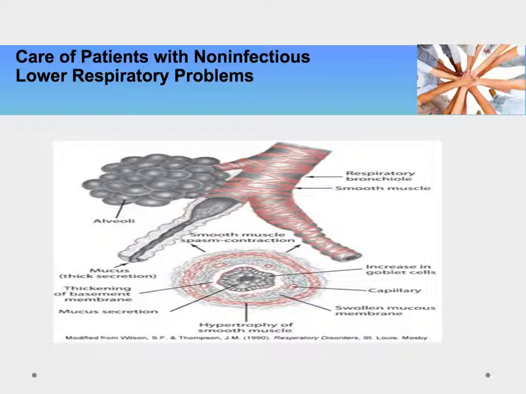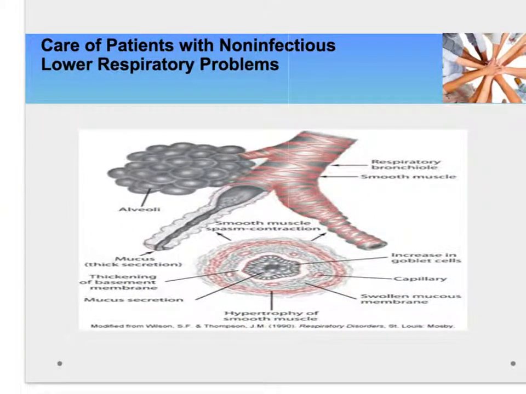So the bronchioles and the alveoli have to be in good working condition for ventilation to occur and the gas exchange to occur. Some of the problems depicted here in this area right here are the problems that occur with emphysema and chronic bronchitis that collectively make up what we know as chronic obstructive pulmonary disease.